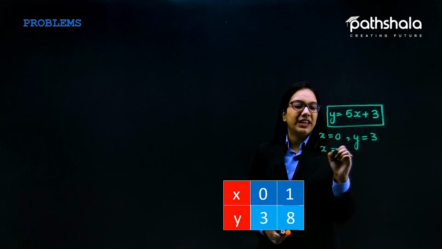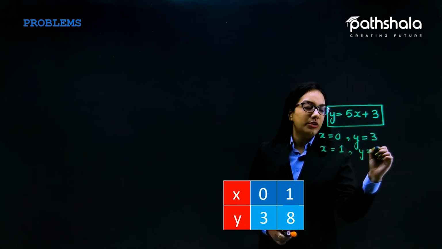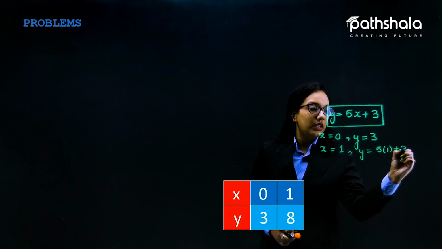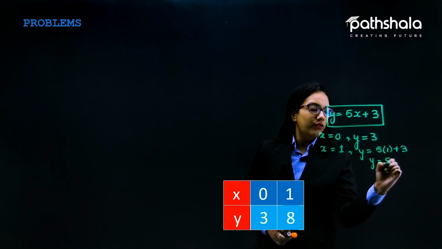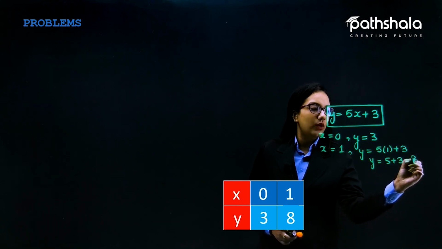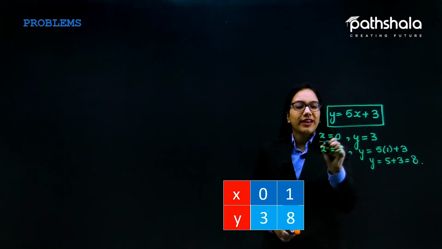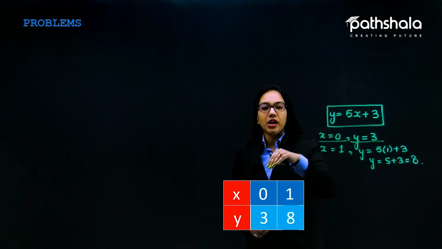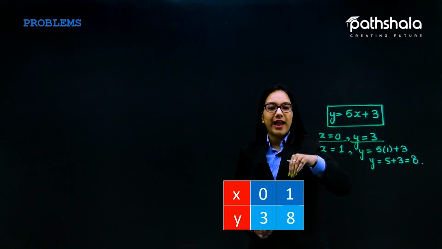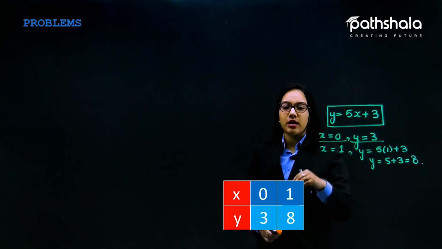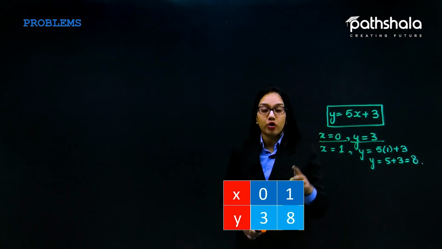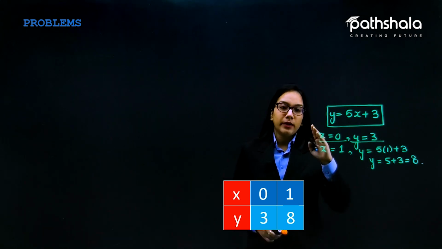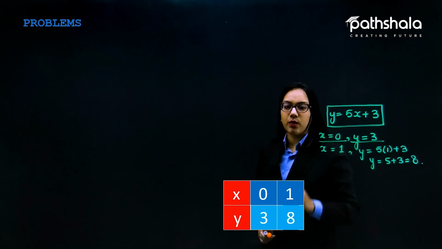Again, for x being 1, y is 5 into 1 plus 3, which is 5 plus 3, equal to 8. So for x being 0, we get y as 3, and for x being 1, we get y as 8. These are my 2 points which I will plot on the graph to get the graph of this linear equation in two variables.